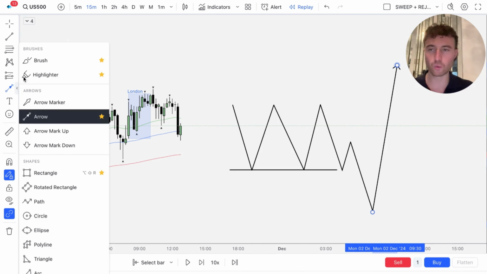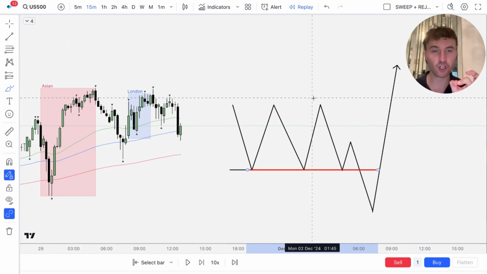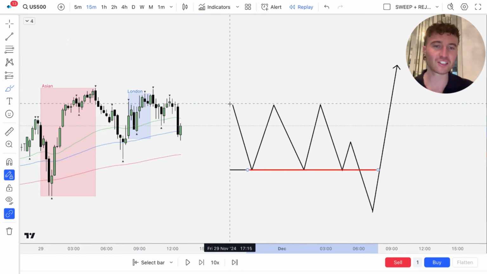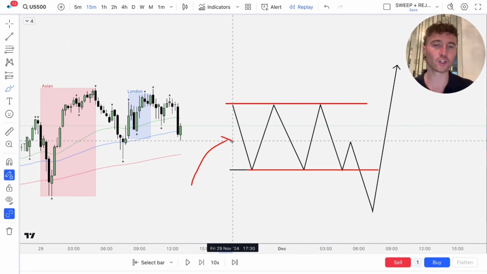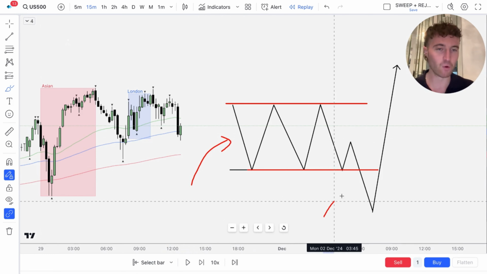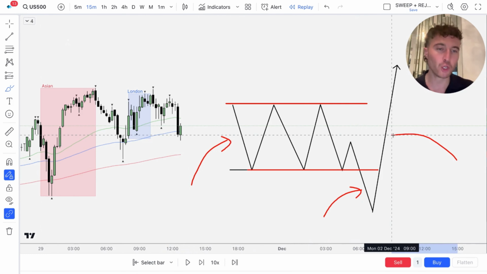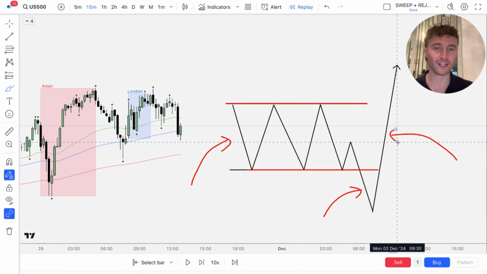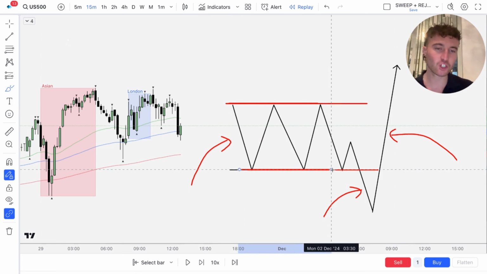So we're looking for a sweep of this sell side liquidity, because this is the Power of Three. One is our accumulation, two is our manipulation, and three is our distribution to the upside. The first one is accumulation.